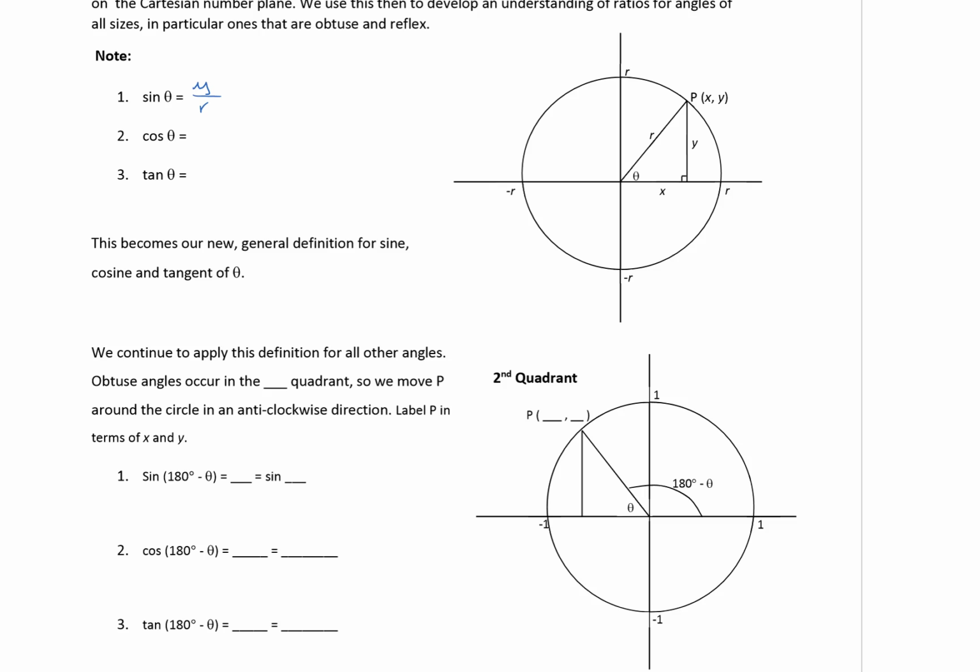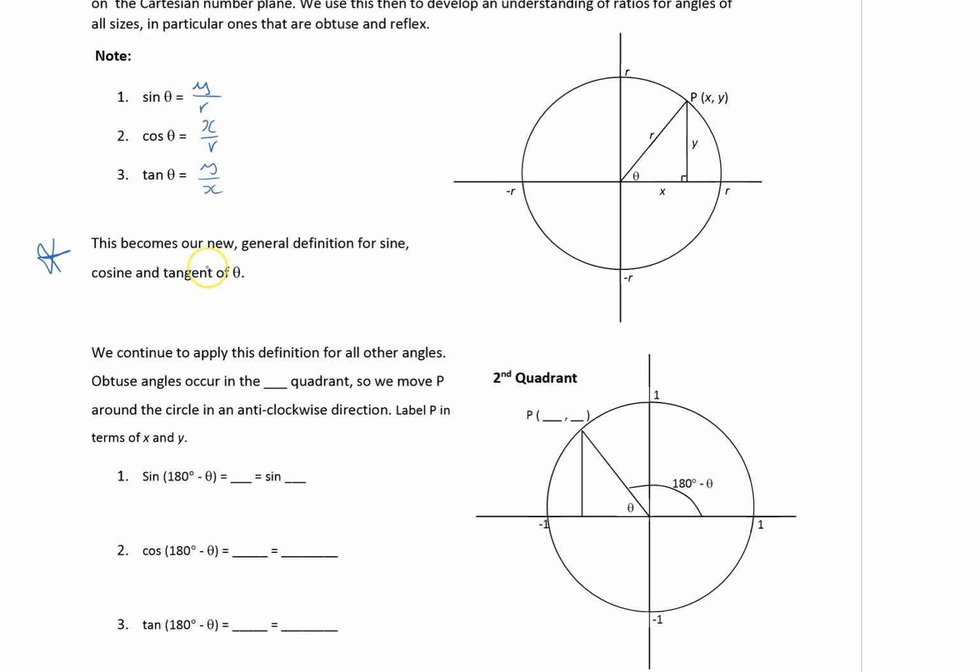And the cos of theta would be x on r, and the tan of theta is y on x. Now that's going to lead us to another interesting trig property in a moment. And so this becomes our new definition for sine, cos and tan of theta.